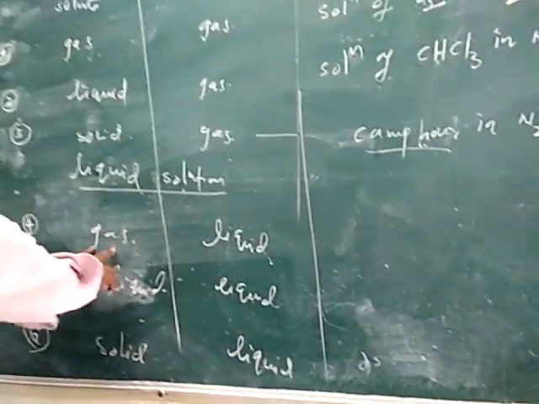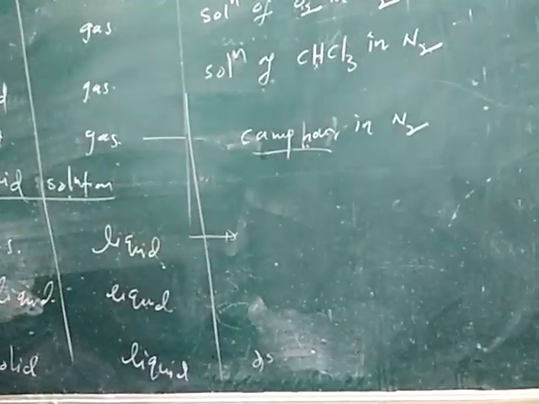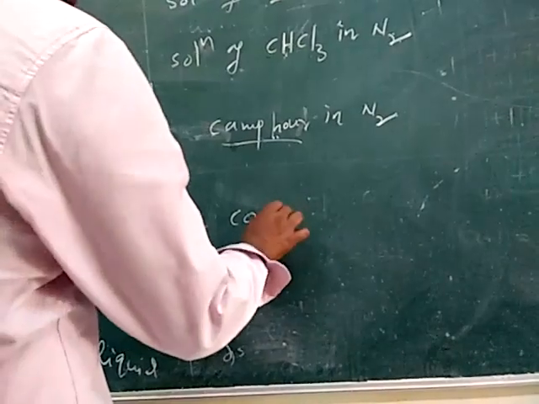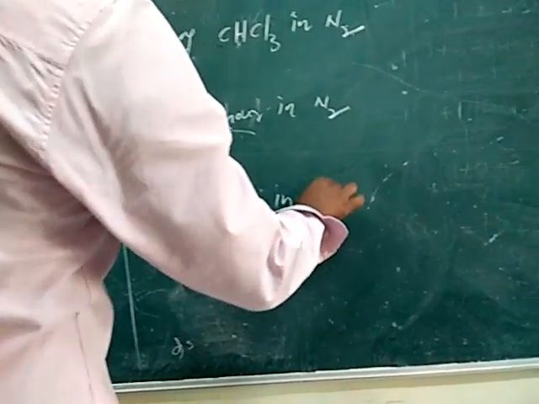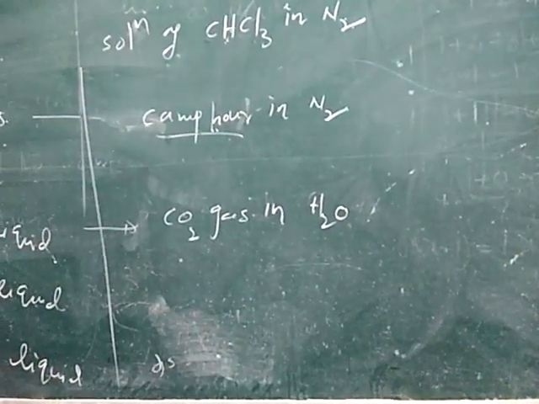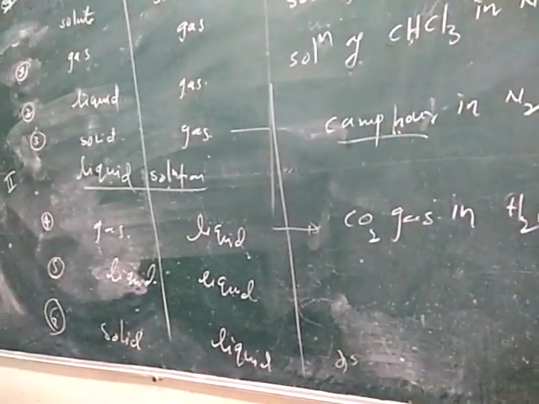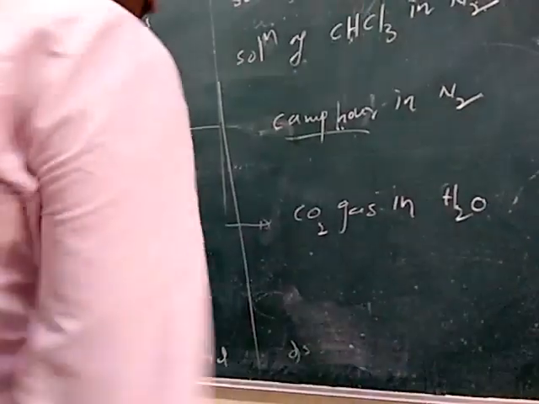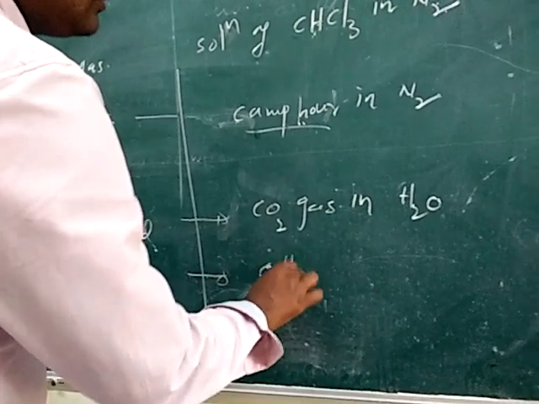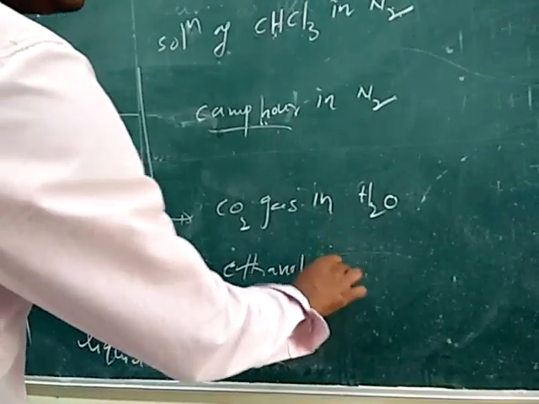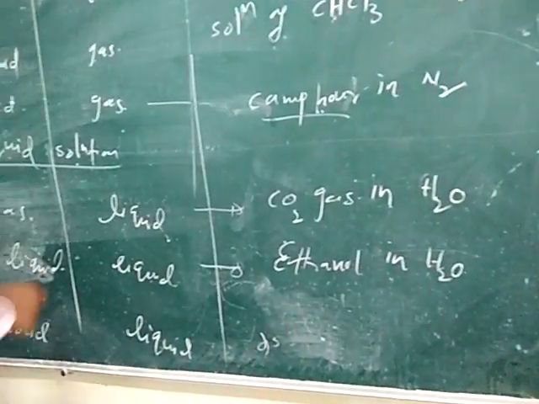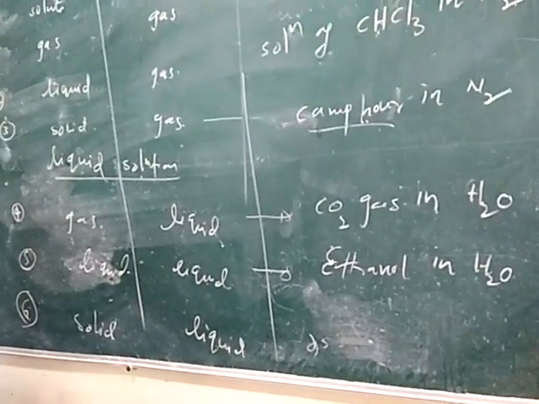Now examples. Gas in liquid: carbon dioxide gas, CO2, in water. Aerated liquids such as cool drinks have CO2 gas in water. Liquid in liquid: ethanol in water is one of the best examples of liquid in liquid type solutions.